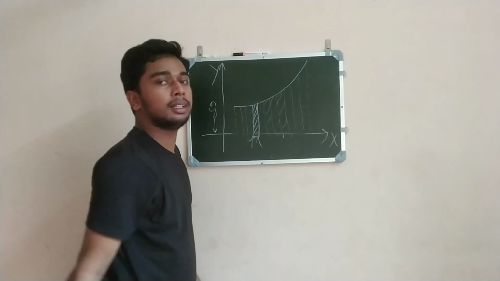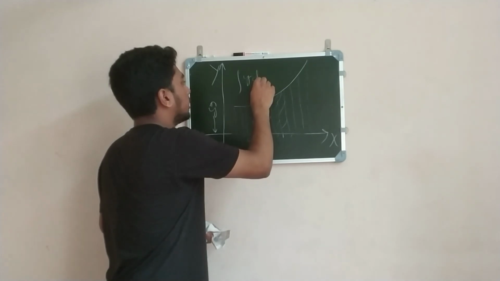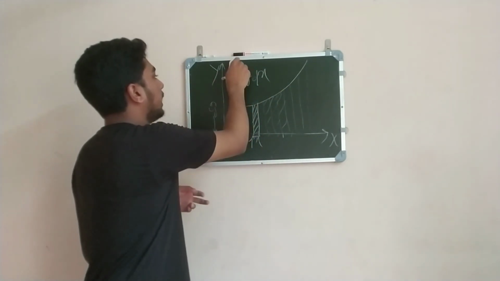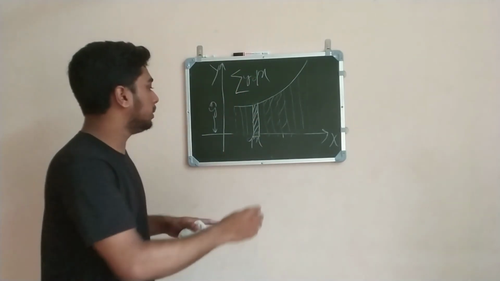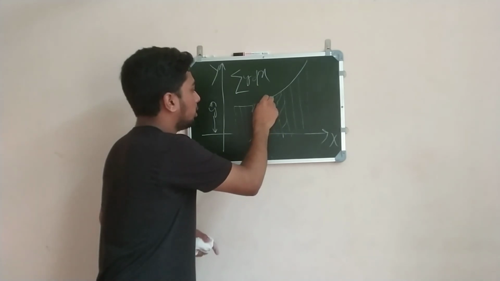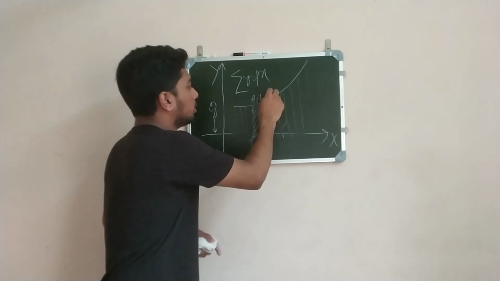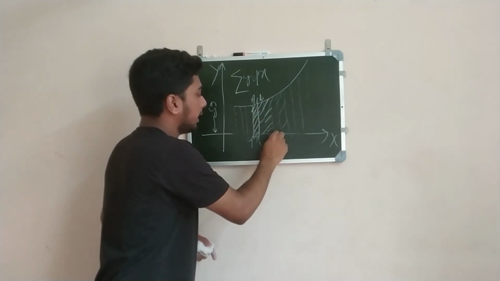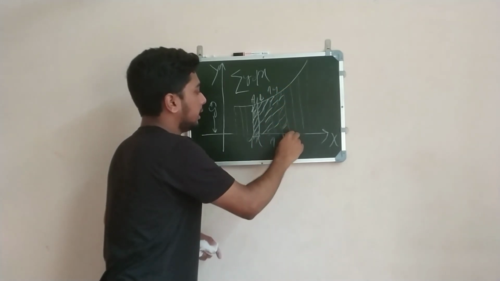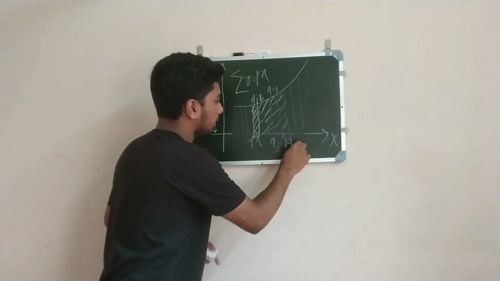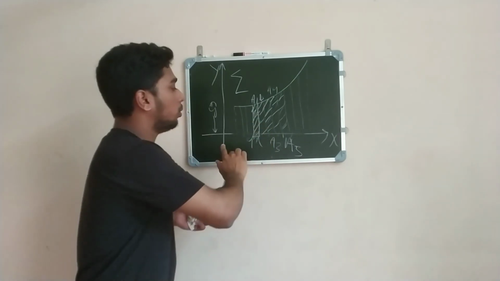Then it will look like this. Why? I can replace this one as a summation, sum. I will just integrate this curve. For example, this one is A1, this one is A2, this one is A3, this one is A4, this one is A5, like this. So I will just join all the areas.